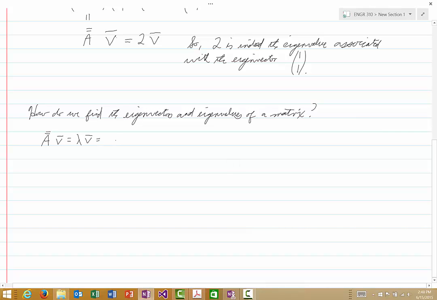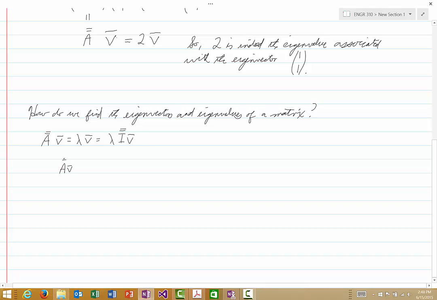That can also be written as lambda times I times v, where I is the identity matrix, the matrix that has 1 for all of the diagonal terms and 0 everywhere else. So we now have Av is equal to lambda Iv.